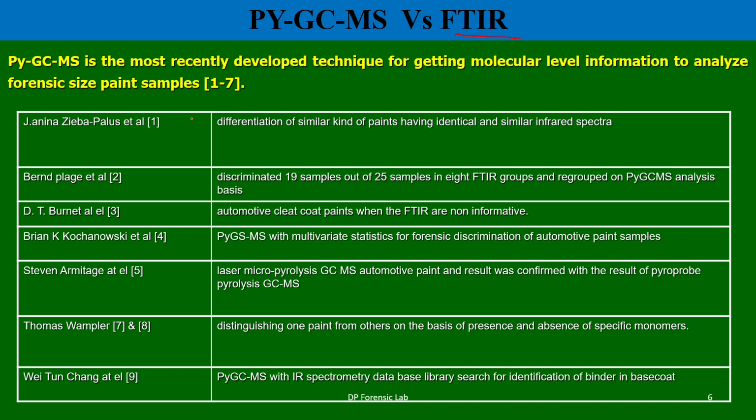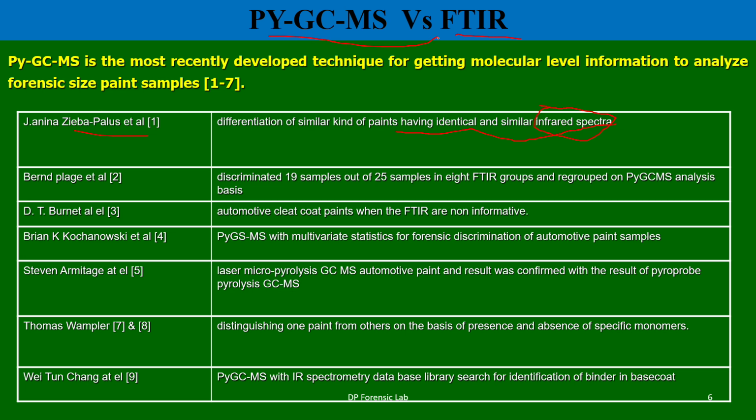For reference, different similar kinds of paint can have identical infrared spectra. If the IR spectra are very similar due to the chemical nature, in that case PyGCMS can distinguish.